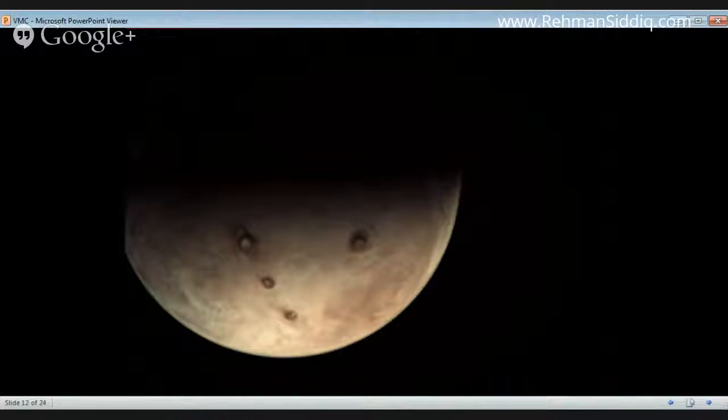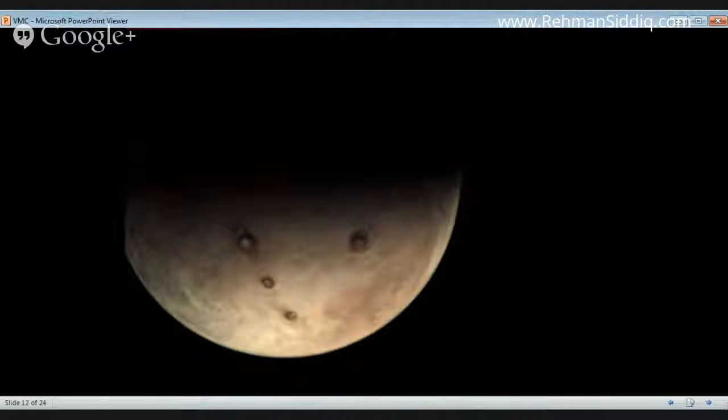In the middle you have Pavonis. On the one end you have one called Ascraeus, and the other is Arsia Mons. Pavonis is interesting because it's right on the equator. And who knows, one day we might have a space elevator on Mars, and a good place to put the surface base for the space elevator would be on the equator, right on the summit of this mountain.